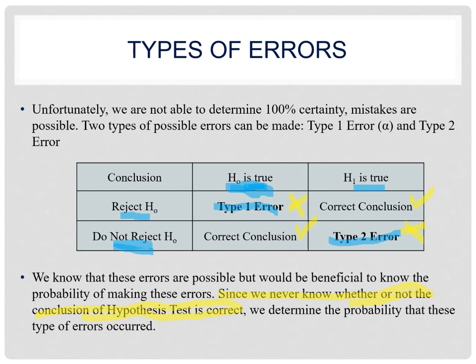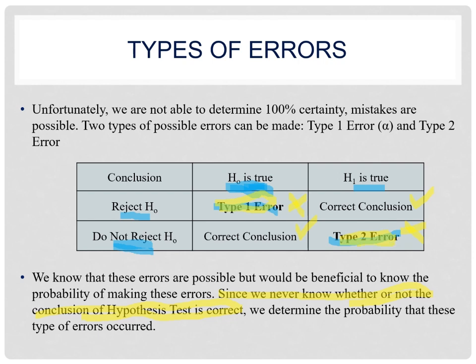All we can do is determine the chances that we make these errors, and we try to avoid them as much as possible. Some may say, why not just make the probability of these errors as tiny as possible, 0.1% or something like that? Unfortunately, if you increase the chances of a Type 1 error, you decrease the chances of a Type 2, and vice versa.